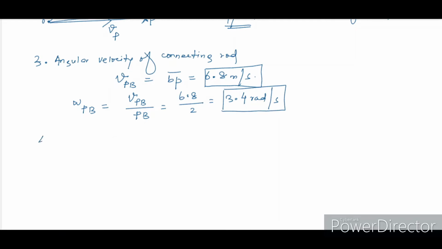Now, fourth one, velocity of point E on connecting rod. Now let's say it is VE, which is equal to OE. Which one is OE? Let me show you.